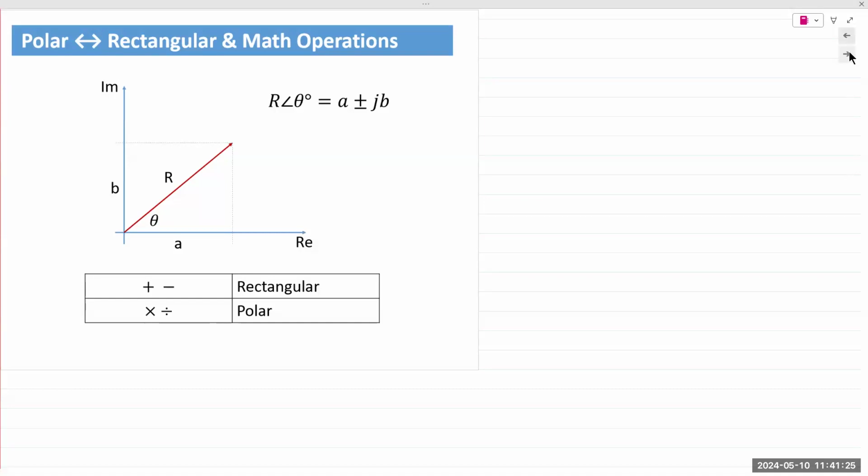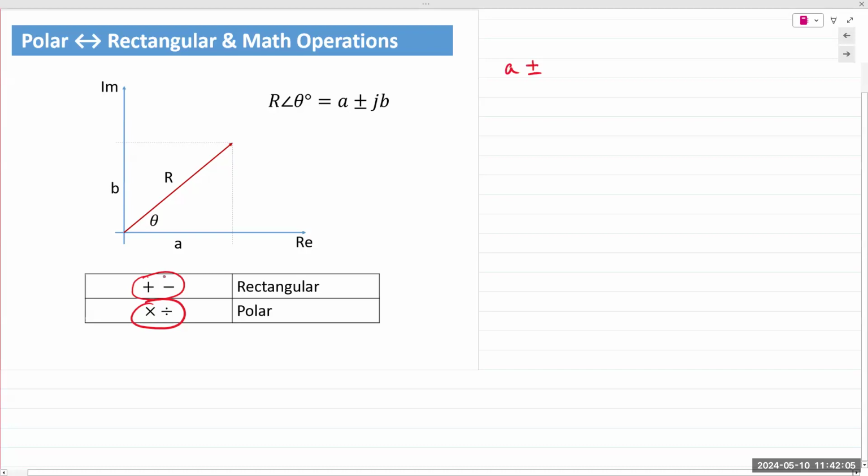We can perform all four arithmetic operations, addition, subtraction, multiplication, division, on any complex number. But some coordinate systems make certain operations easier. If you have addition or subtraction, it is easier to do it with rectangular coordinates. And if you have multiplication and division, it is easier if you have your complex number in polar coordinates. I will explain how and why.